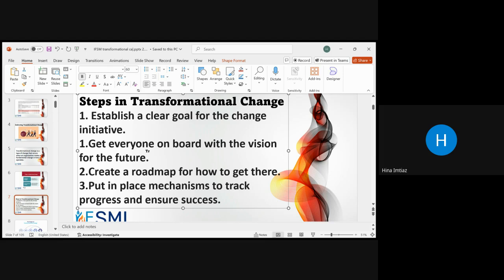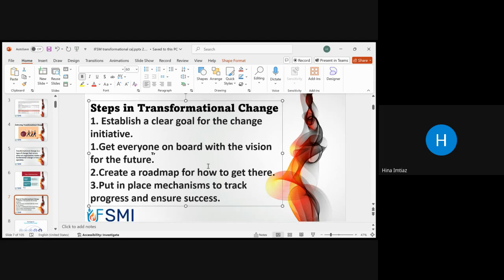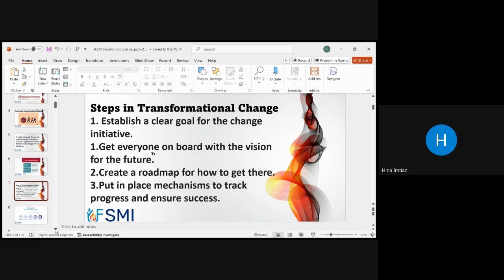You have to tell the entire strategy, the entire plan to your team, and with your team you will achieve something. And then you have to give the entire mechanism, and after that you will evaluate the progress and ensure the success, whether that transformational change keeps the organization successful, and what certain benefits you got from bringing that transformational change.